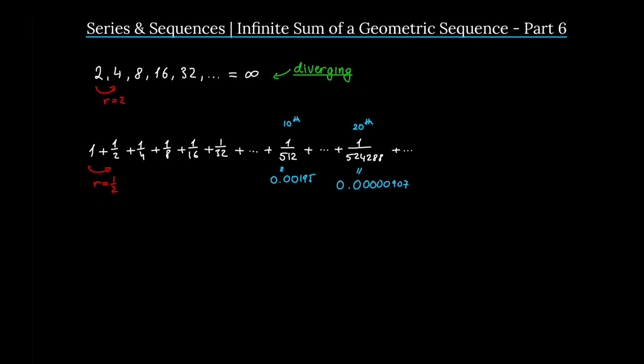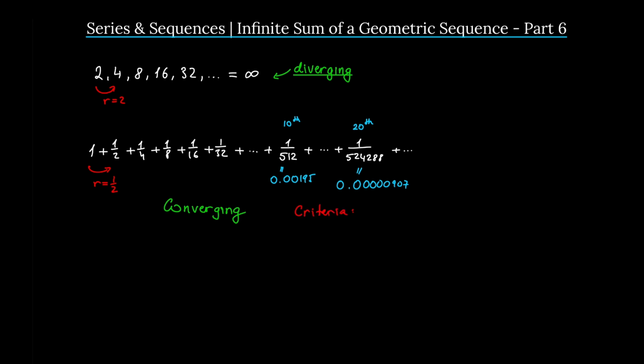So with this logic, when adding the 100th or the 200th term, or even more, we're basically adding 0, since these values are so small, they're basically insignificant. And this kind of sequence is called converging. That's because the values in this series essentially converge to 0.